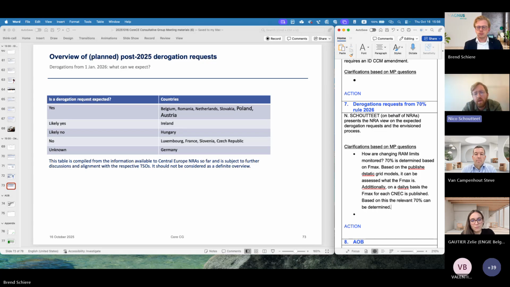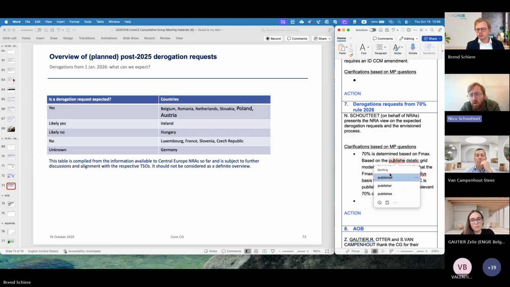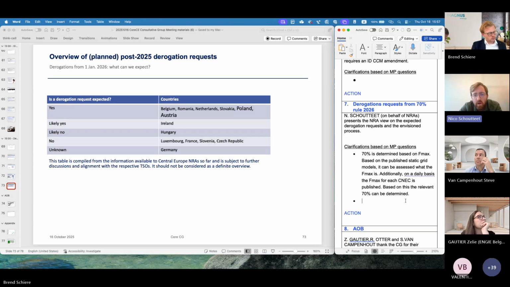We also look specifically at our PSTs, our phase shifters. I know some other regulators do this as well, but this is a choice that we make for the sake of transparency. So take all of that information together, and you can get quite a good picture of what exactly the 70% applies to. But admittedly, you have to look a bit for it. But all of it is somehow available.